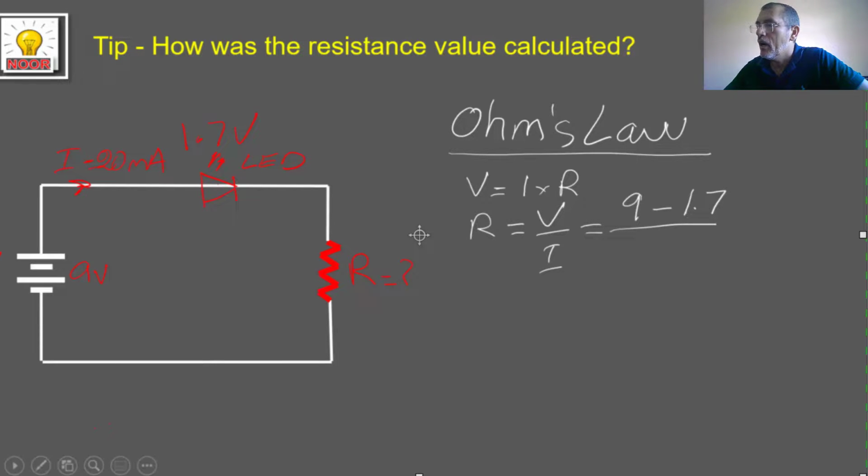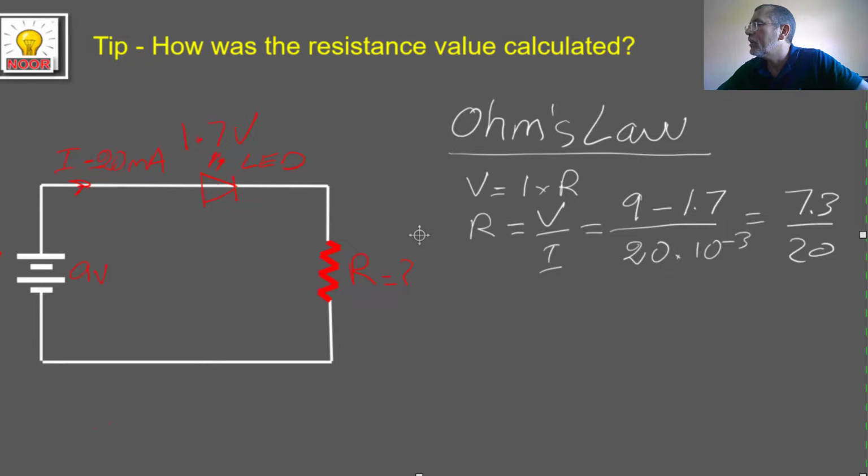I is this 20 milliampere, so it will be 20 times milli, which is 10 to the power minus 3 ampere. So this gives you 7.3 divided by 20, and then we take the 10 to the power 3 up there.